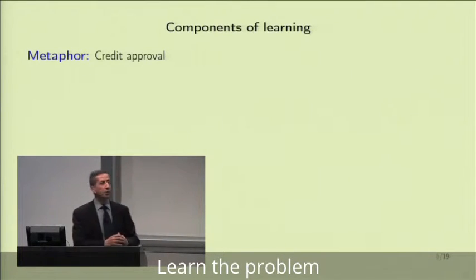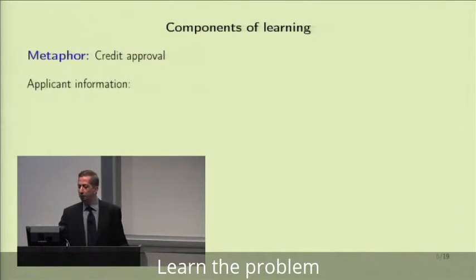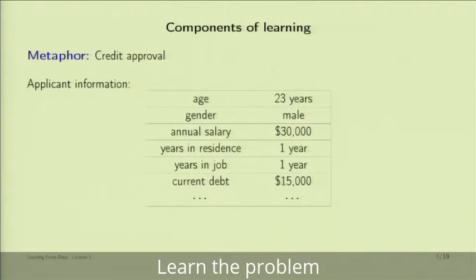That's the deal. So what are the components here? Let's look at first the applicant information. You can see that there is the age, the gender, how much money you make, how much money you owe, and all kinds of fields that are believed to be related to the credit worthiness.